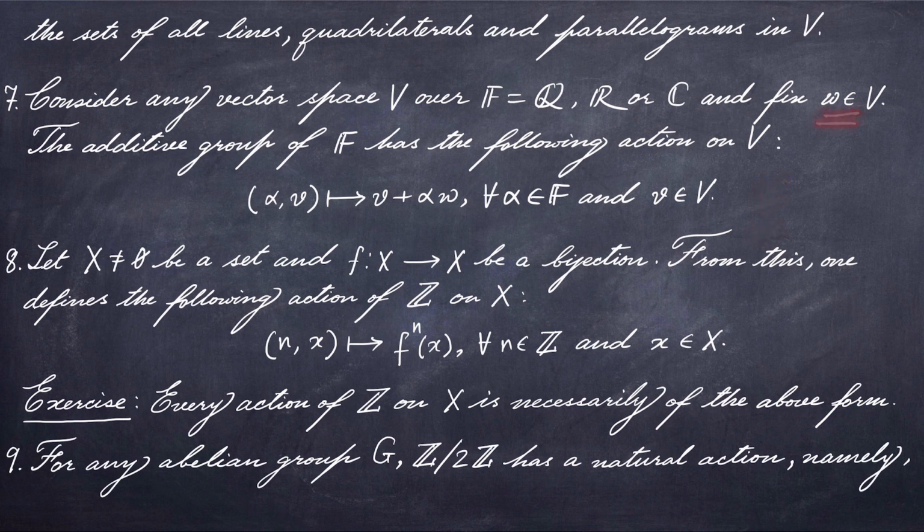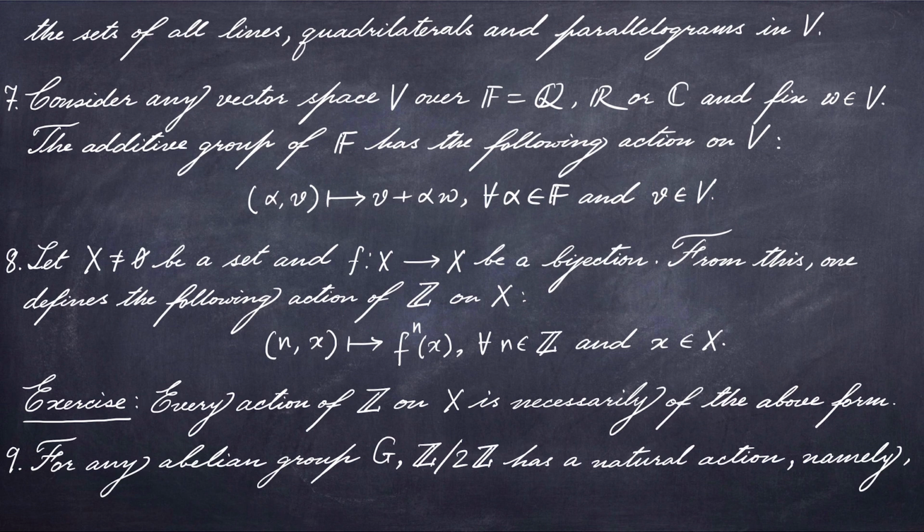We fix a vector W, and then for any vector V, we move the vector V in the direction of W by the amount alpha W. Okay, so given a vector V, we will move the vector in that direction by this amount. It's easy to see that that gives us an action.